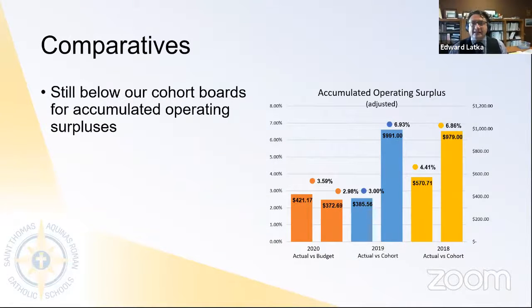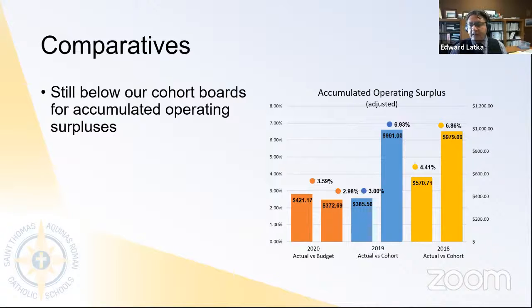And so the last slide I have for my presentation, with regards to comparatives, is how does that accumulated operating surplus compare to other boards that are similarly sized, and that's by the number of students. And again, for 2019, 2018, I've said where we've stood compared to those other boards, or our cohort boards.